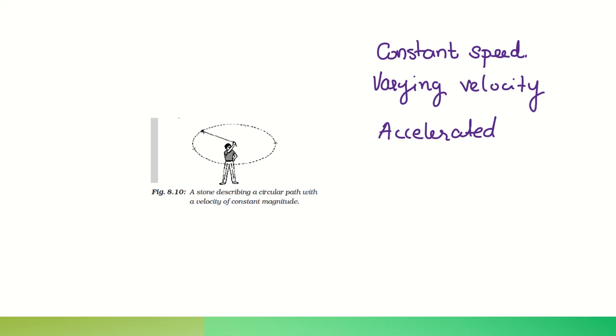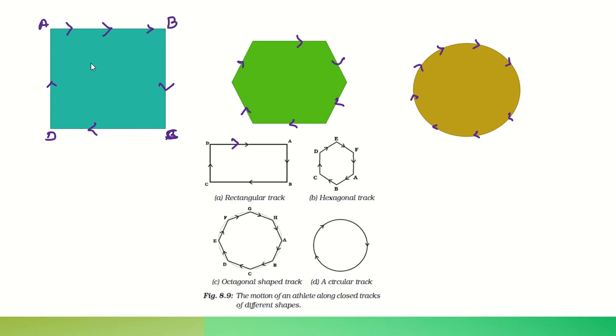So as I said, suppose the person is moving with, say, 10 meter per second. From B to C again he is traveling with 10 meter per second. C to D, 10 meter per second. D to A, 10 meter per second. That means throughout the motion he is maintaining that constant speed.